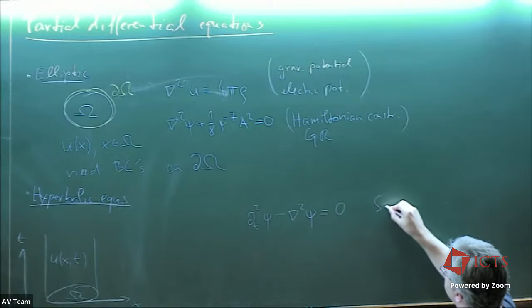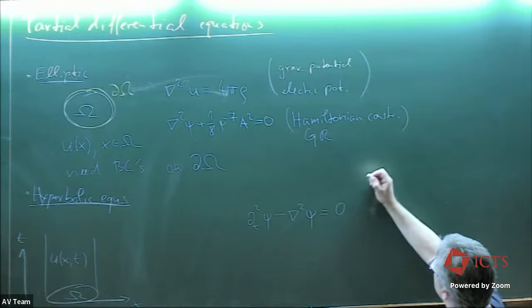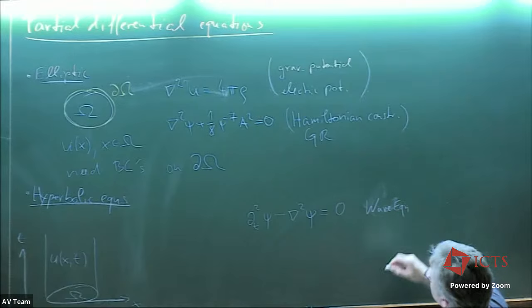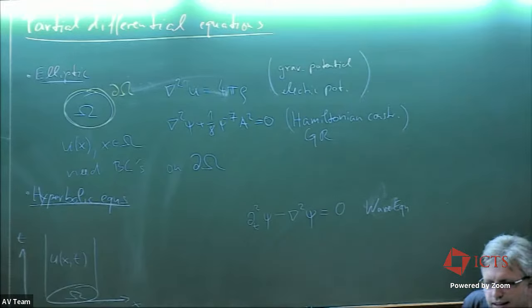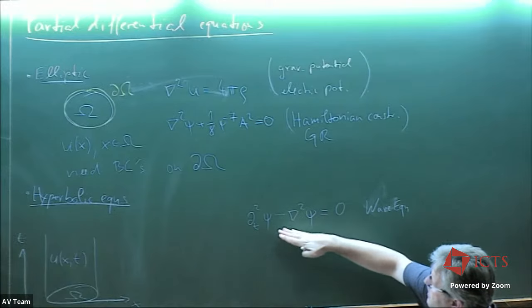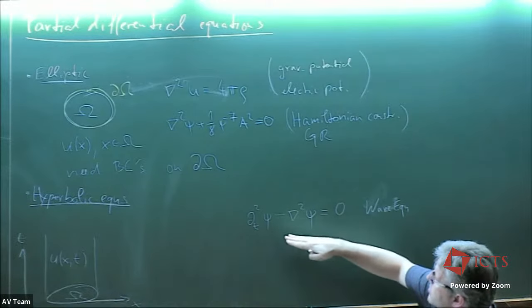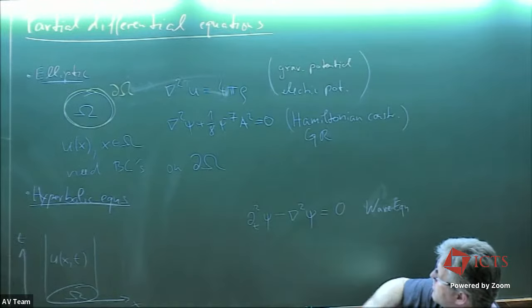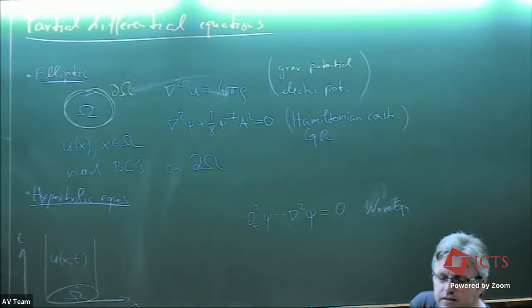So that is a scalar wave equation, or just a wave equation. And as you've already learned, in many cases, Einstein's equations also reduce to this type of equation: second time derivative minus spatial Laplacian.